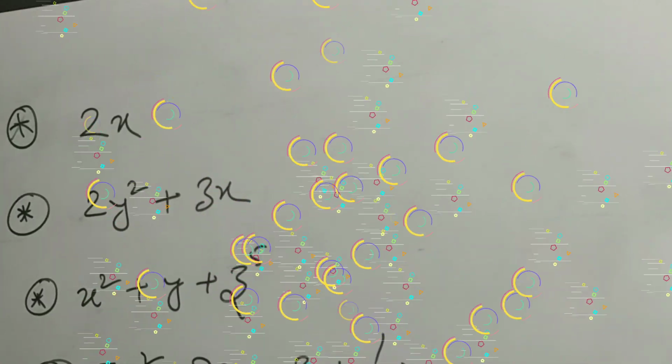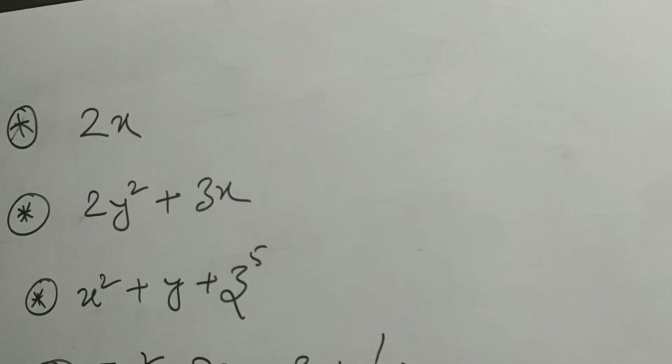Depending on the number of terms, a polynomial can be divided in this way. I want to show some examples. In the first example, how many terms are there? Here you see only one term.